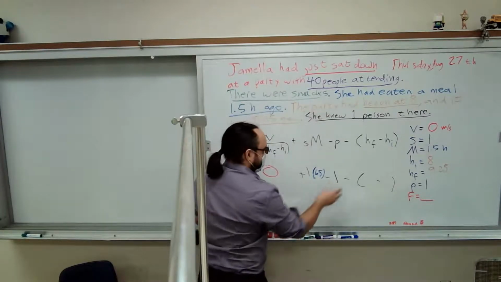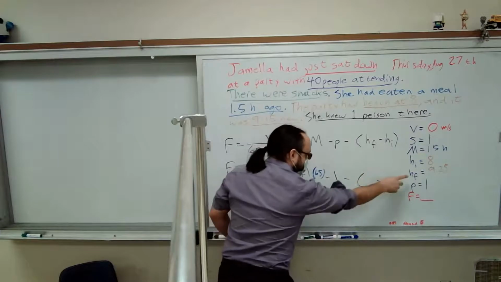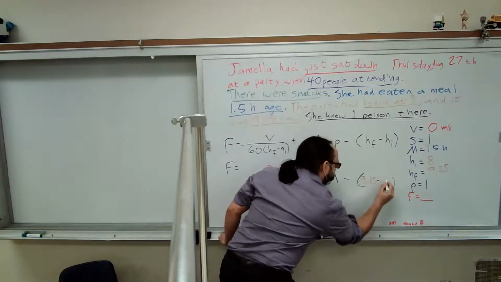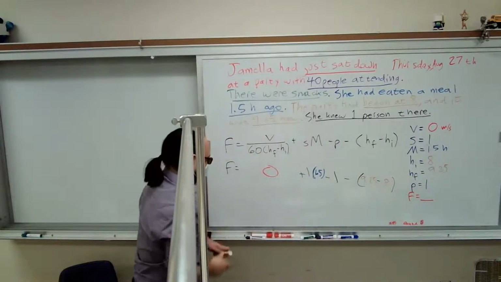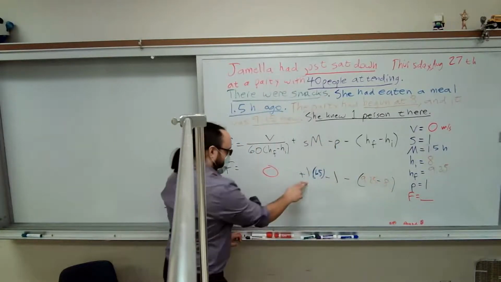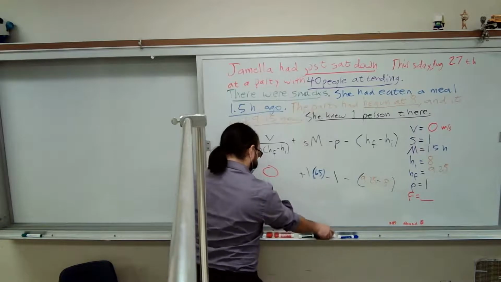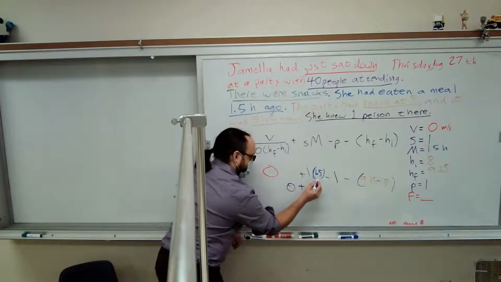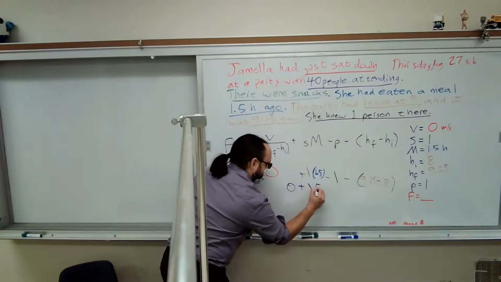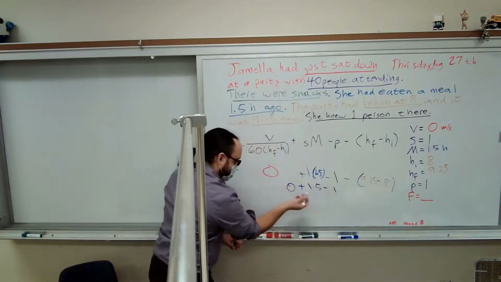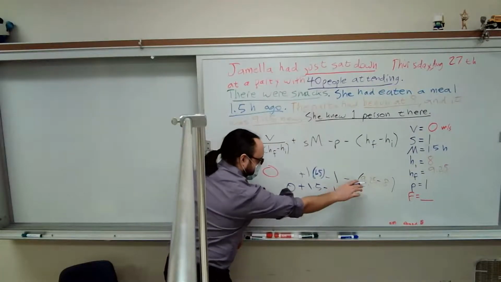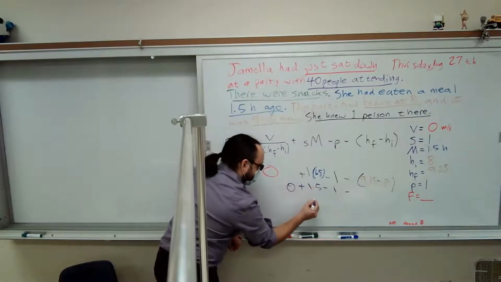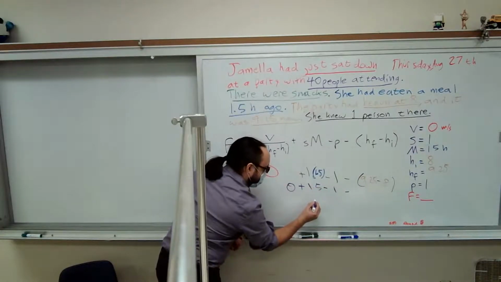And HF minus HI: HF is 9.25, and HI is 8. Okay. Well, 1 times 1.5, 0 plus 1 times 1.5 is 1.5. 1.5 minus 1. Let's do this part first, and we'll do the parentheses here. 1.5 minus 1 is 0.5.